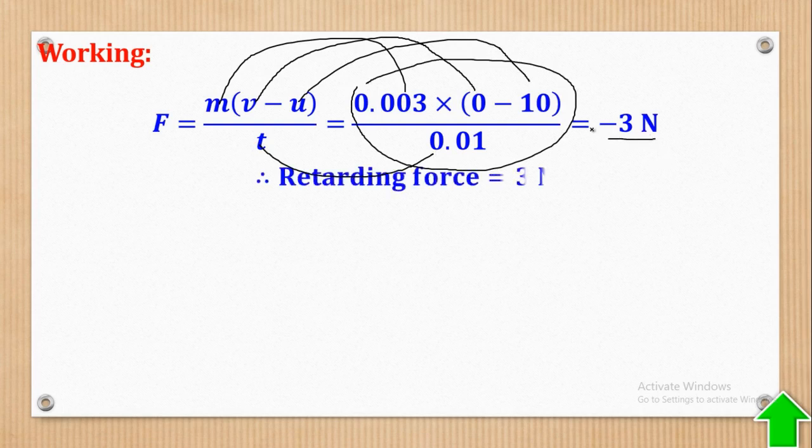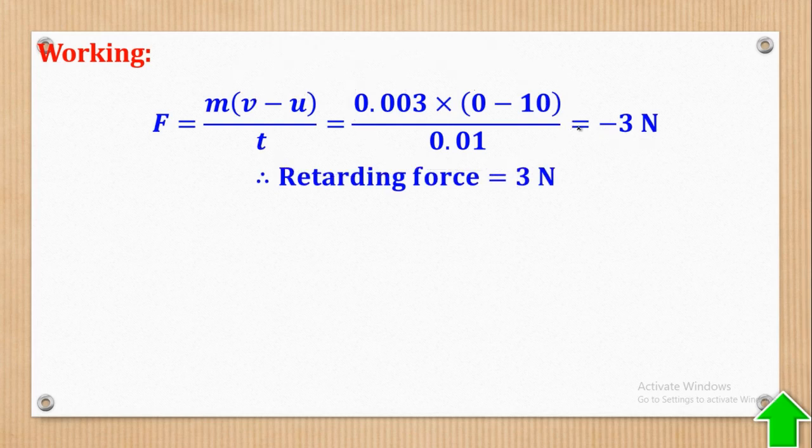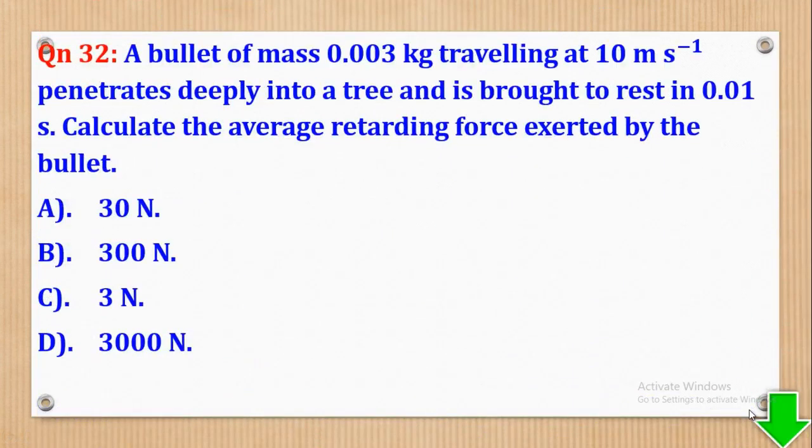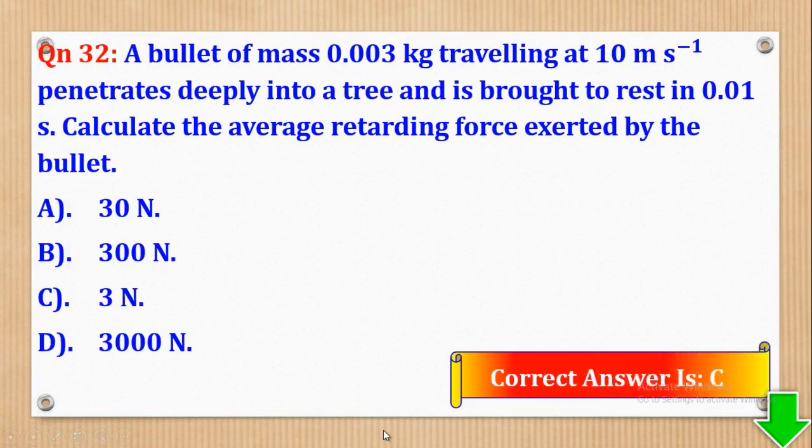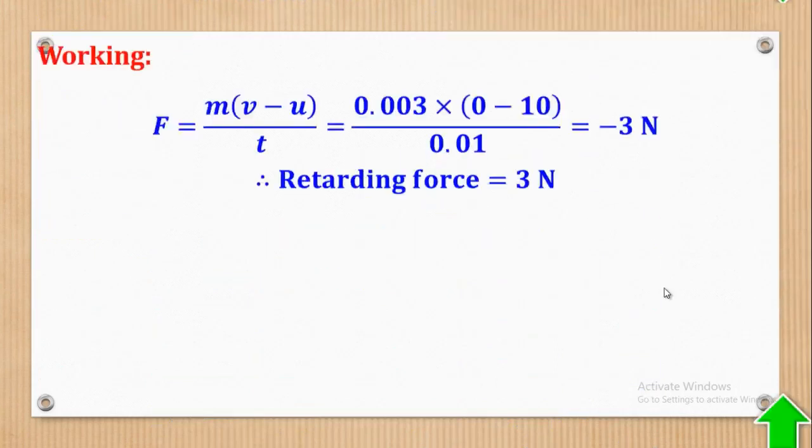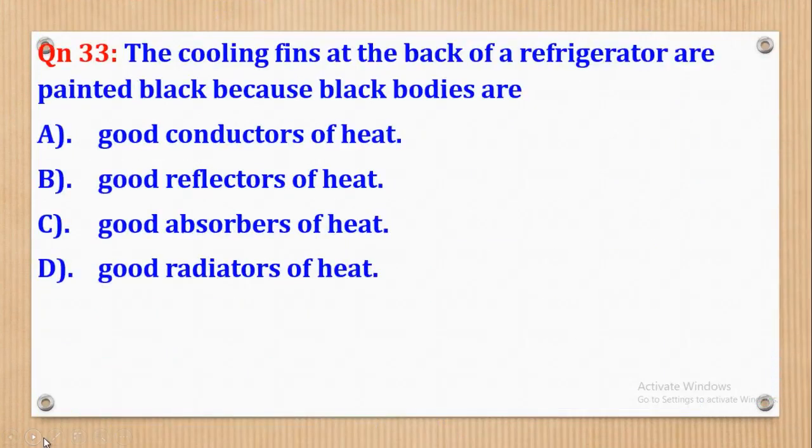So the retarding force is 3 newtons. So I'll go back and look for the option which has 3, and that is our correct answer. So that was question 32. Now we shall go to question 33.